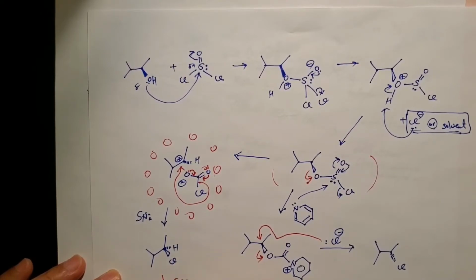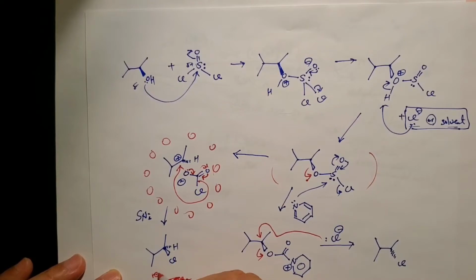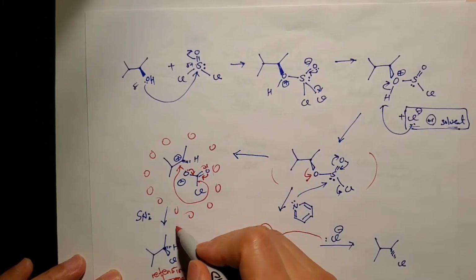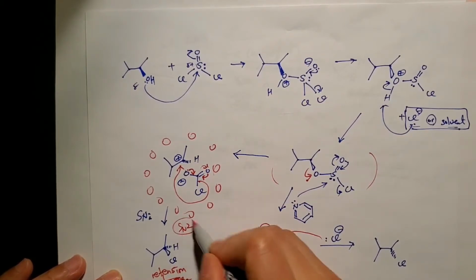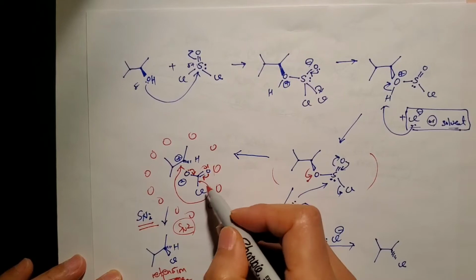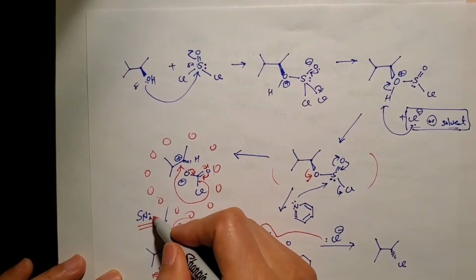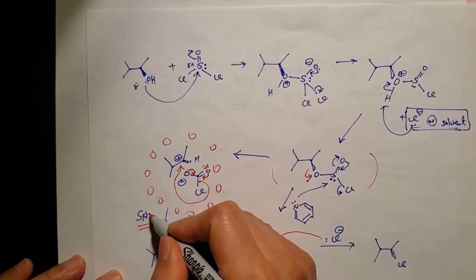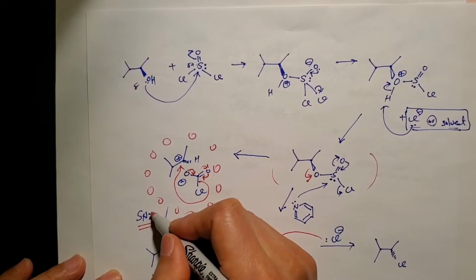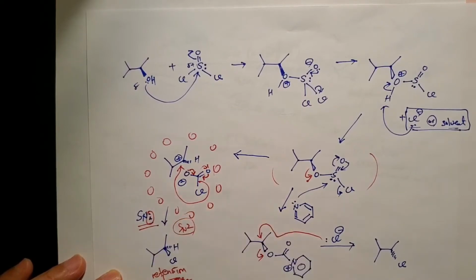So retention of configuration, but the mechanism is like SN2, but we call it SNi because the arrow pushing and the electron attacking happen internally.